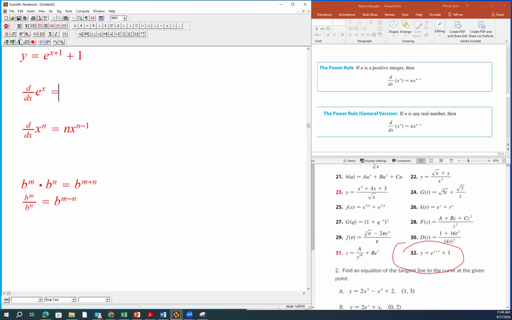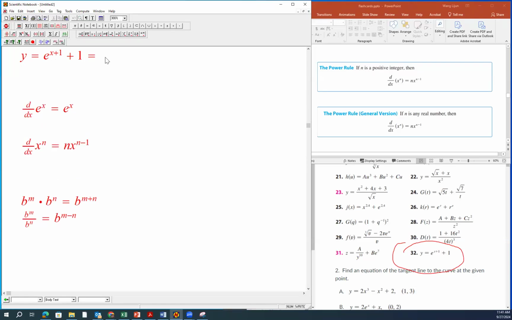We know it is e to the power x, right? But now it's the derivative of e to the power x plus 1. What do we do with it, right? If it changed to e to the power x plus 1, what will be the derivative? That's our question.